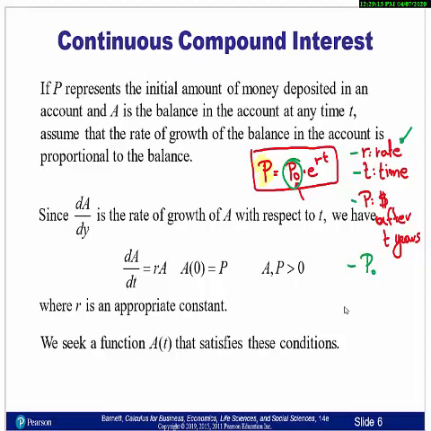Wait a moment. What does this mean? I want to know how much money I will have at any given time from today, 2020, to 11 years from today, 2031.